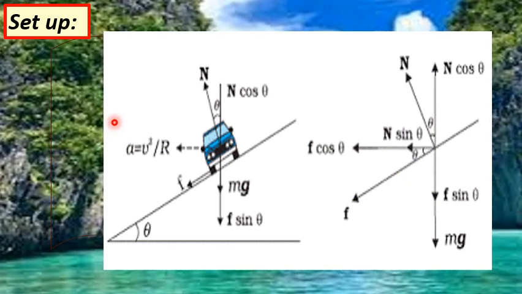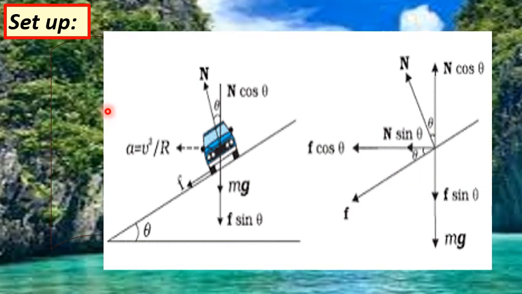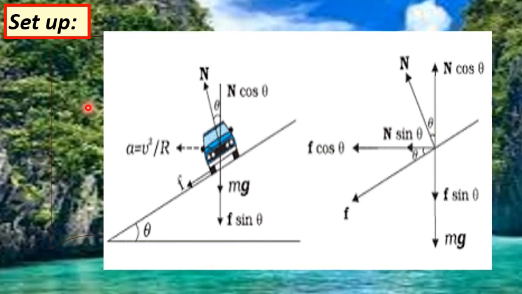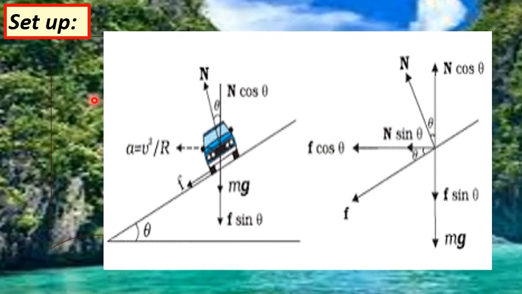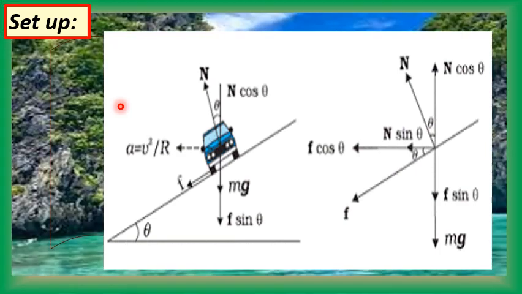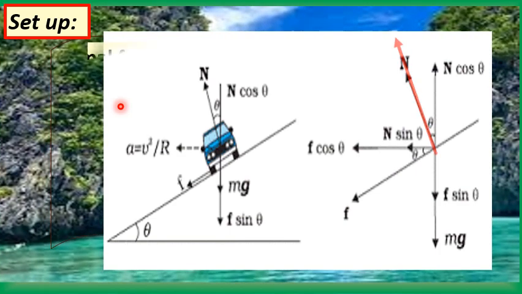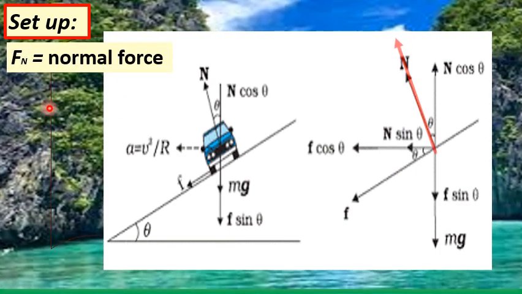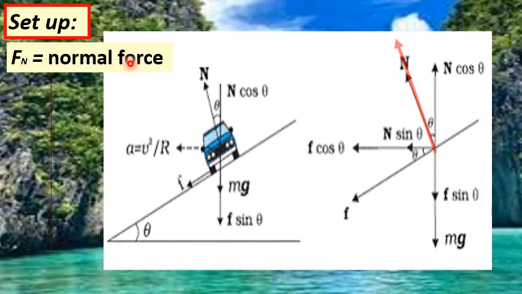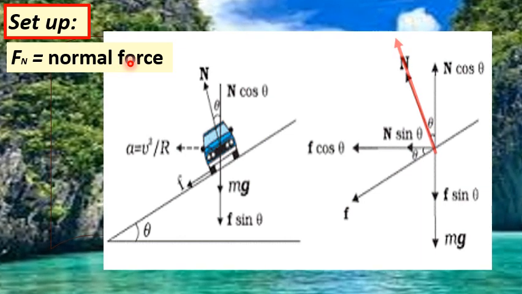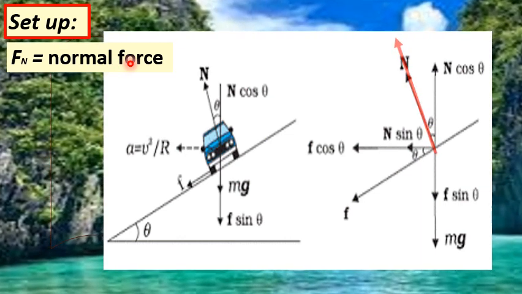So before we proceed to our computations, let us identify and emphasize the forces acting on the race car. Number 1, F sub n, or the normal force exerted by the roadway on the car.